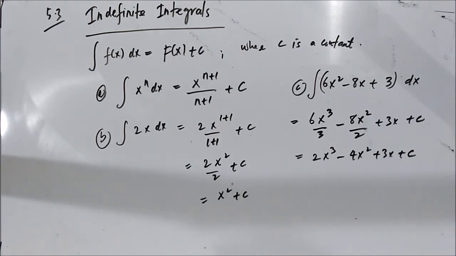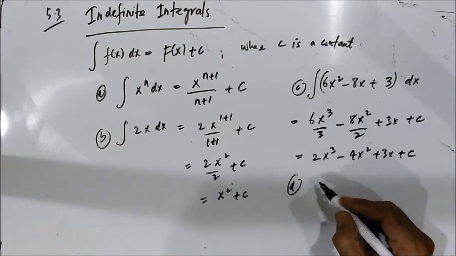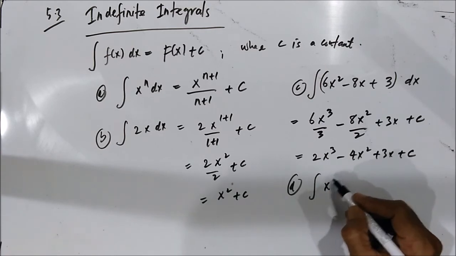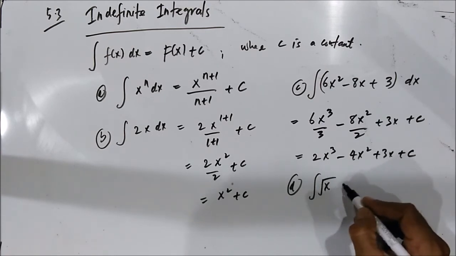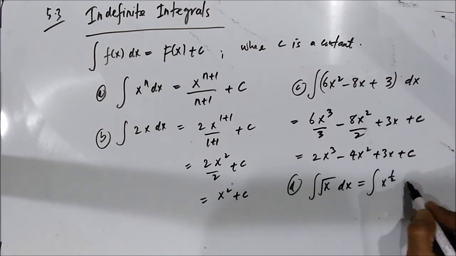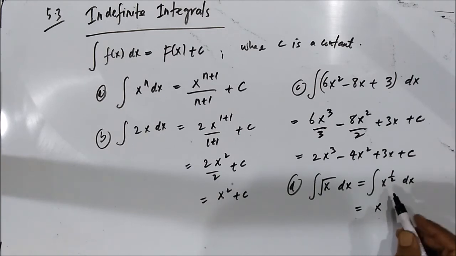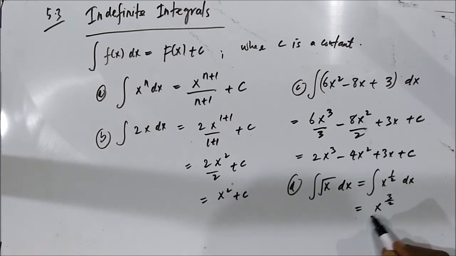Now if I have this function, let's say I want to integrate x raised half, or square root of x. This is equal to x raised half dx, which is x raised half plus 1 is 3 over 2, over 3 over 2, plus c. Dividing by 3 over 2 is multiplying by 2 over 3: 2 over 3 x raised 3 over 2 plus c.